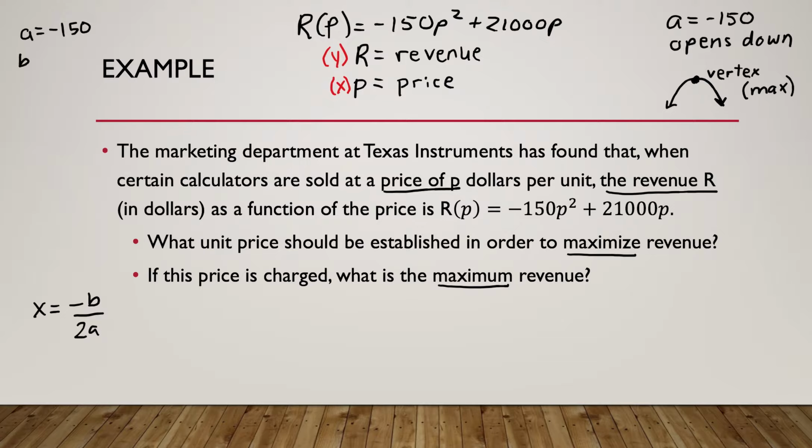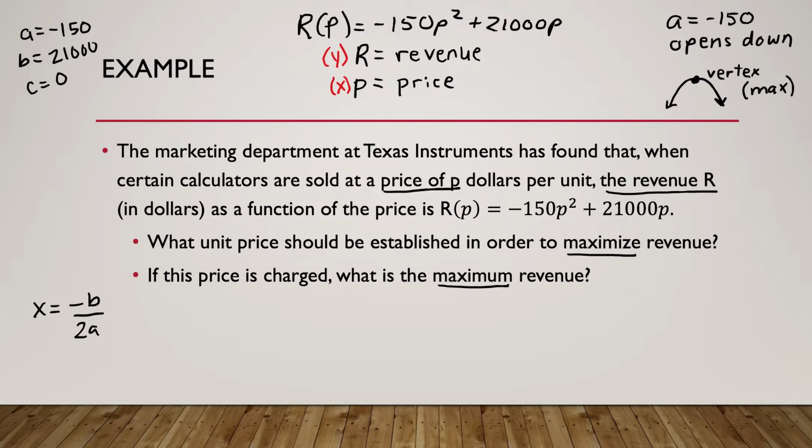The b value is the number that sits in front of the variable that's like the x, or in this case the p. So the b value is going to be 21,000. And there is no C value, so C is 0.